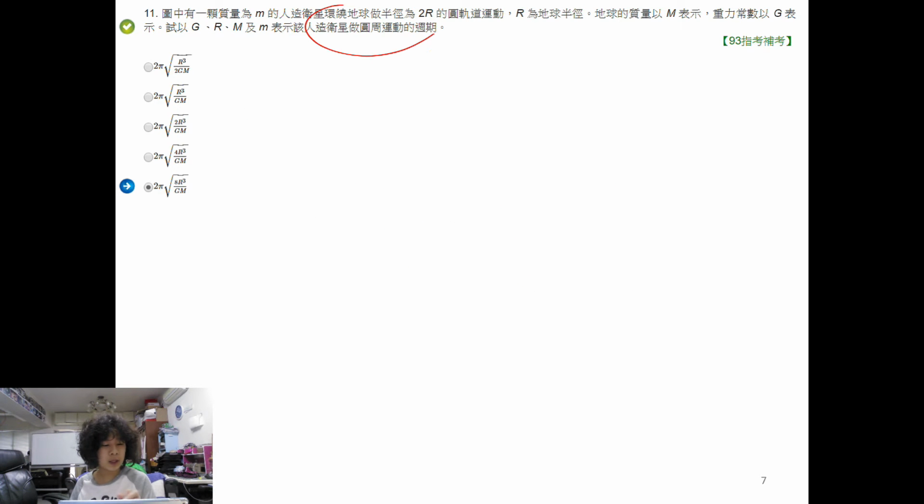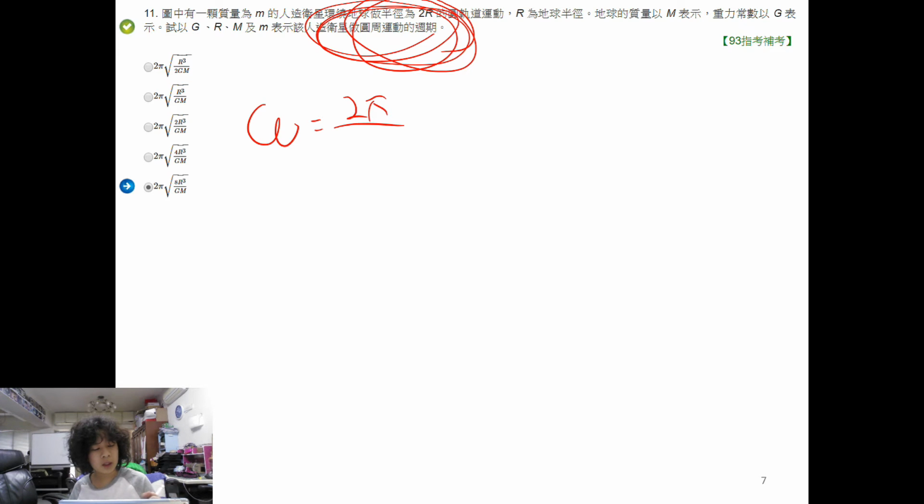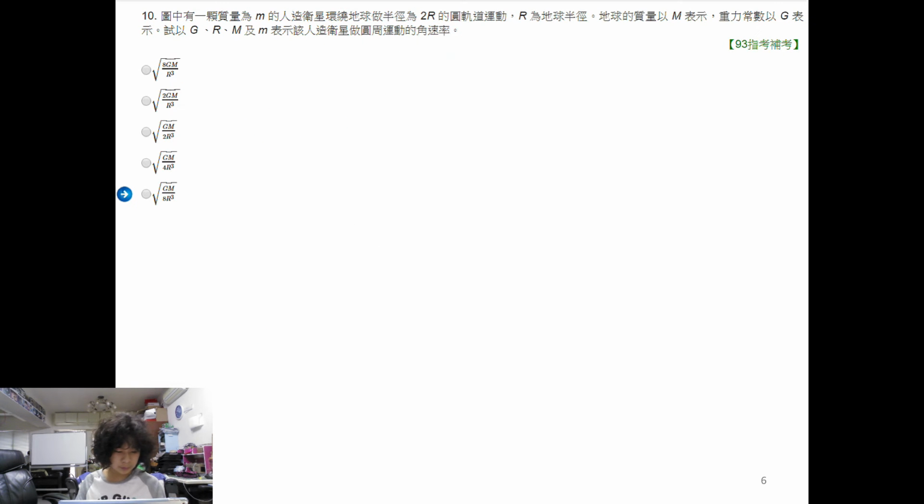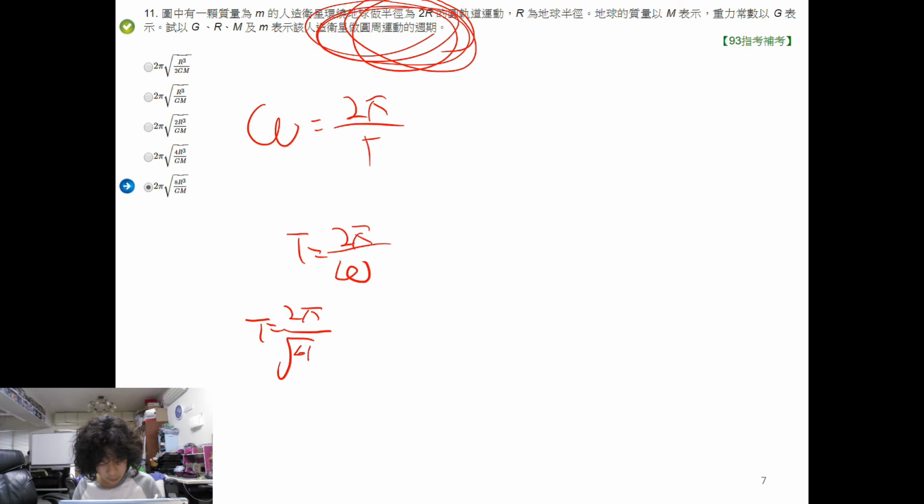And then next question, it's asking the time T, because omega equals 2 pi divided by T. So T equals 2 pi divided by omega. So T equals 2 pi divided by what we just calculated, the square root of GM divided by 8r cubed.